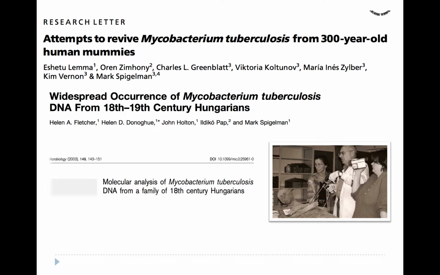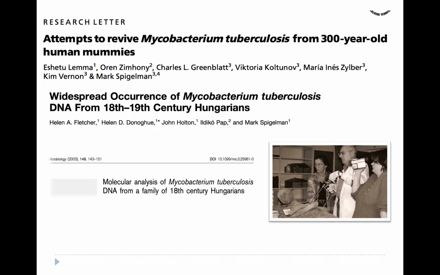And he got involved with Ildiko Pap, shown in this picture here, a Hungarian paleoanthropologist, in a study where they discovered Mycobacterium tuberculosis in 200-year-old human mummies.